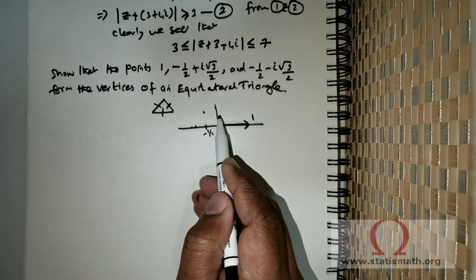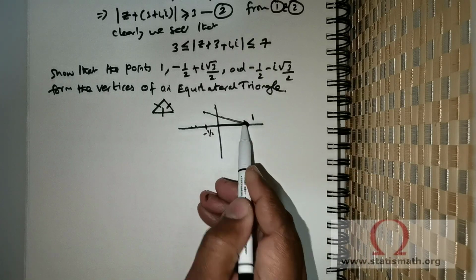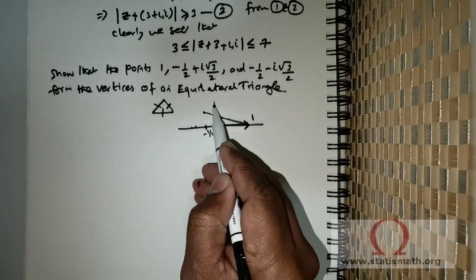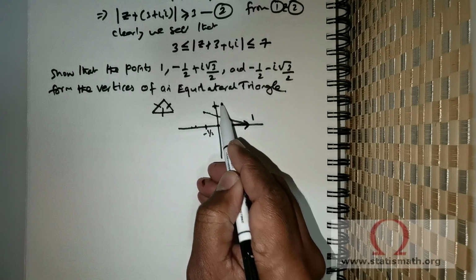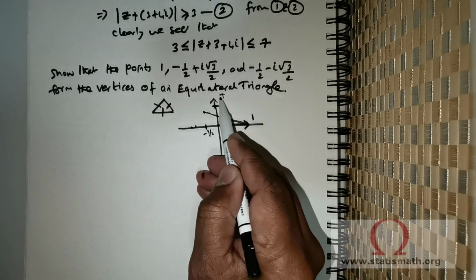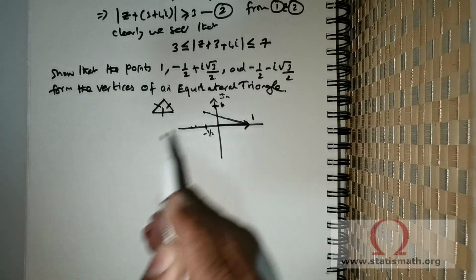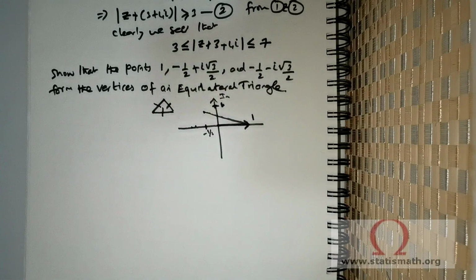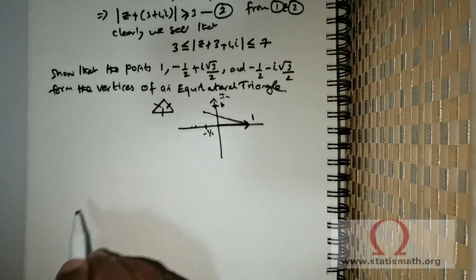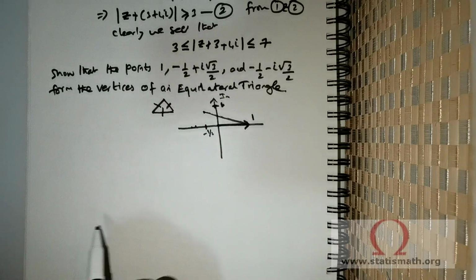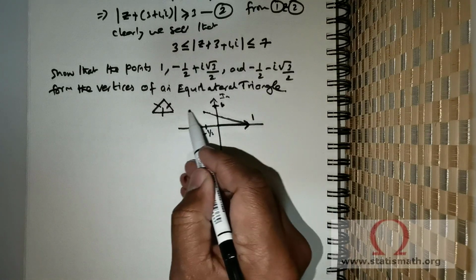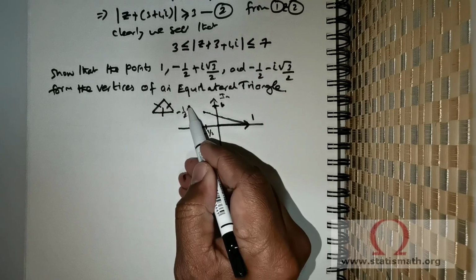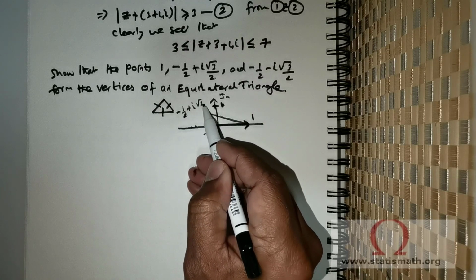So if I were to connect this point, the point would be something like this. So my 1 would be over here. This is the imaginary part, the imaginary axis. So in fact I have to mention it as i. The coefficient is 1, so I'm just placing it in this fashion. So this point would be negative 1 over 2 plus i times root 3 over 2.